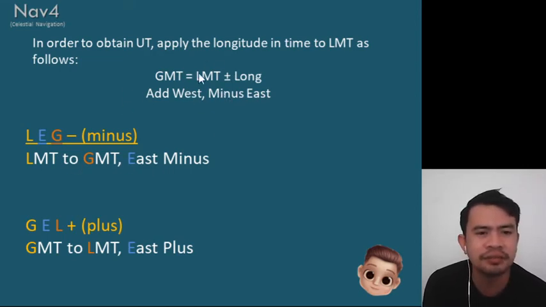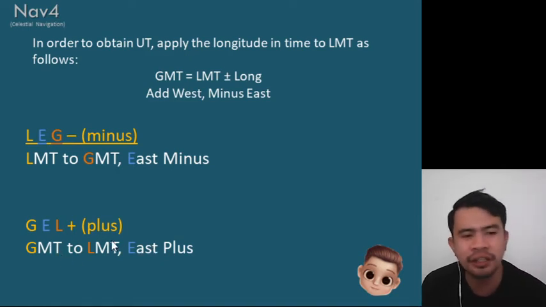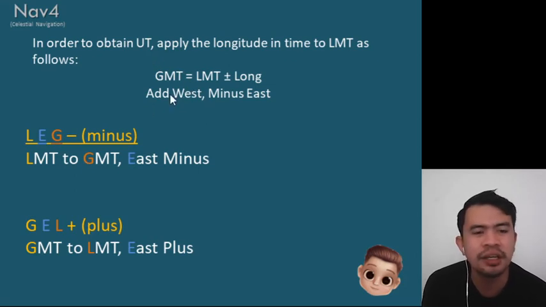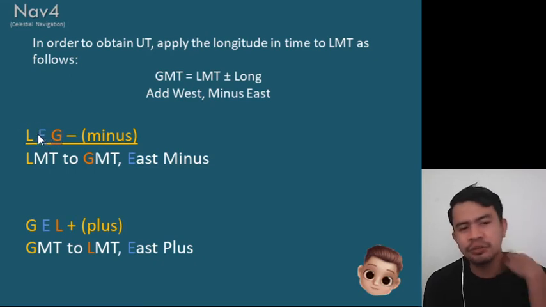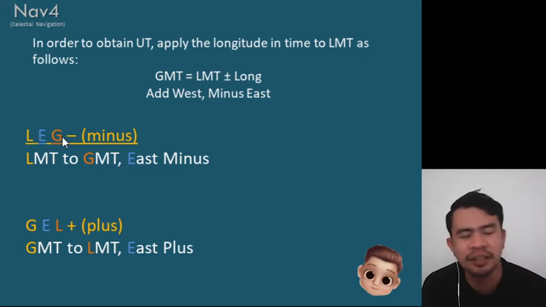For GMT to LMT, east is plus. If the given is GMT and your longitude is east, you have to add it to the GMT to get the LMT. That's the process. For this example, we'll be using LMT. East is minus, so we will be subtracting it from the LMT to get the GMT.